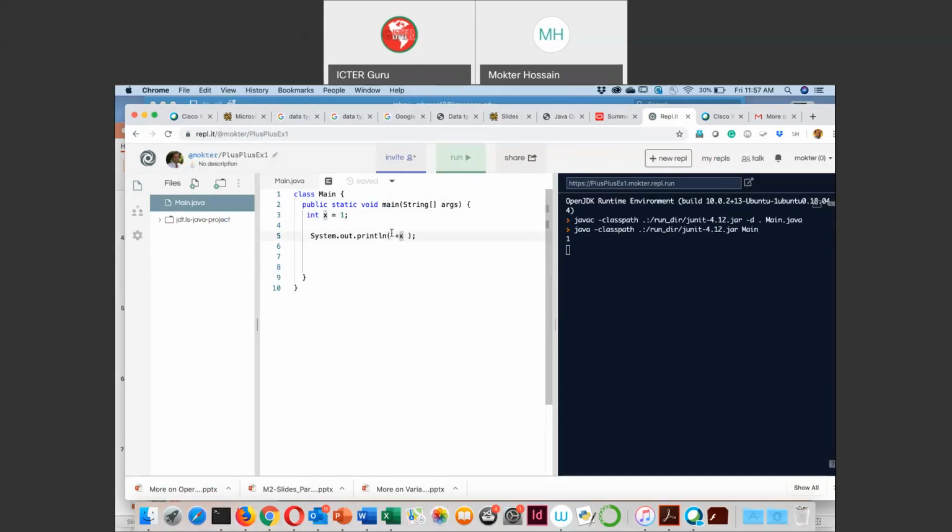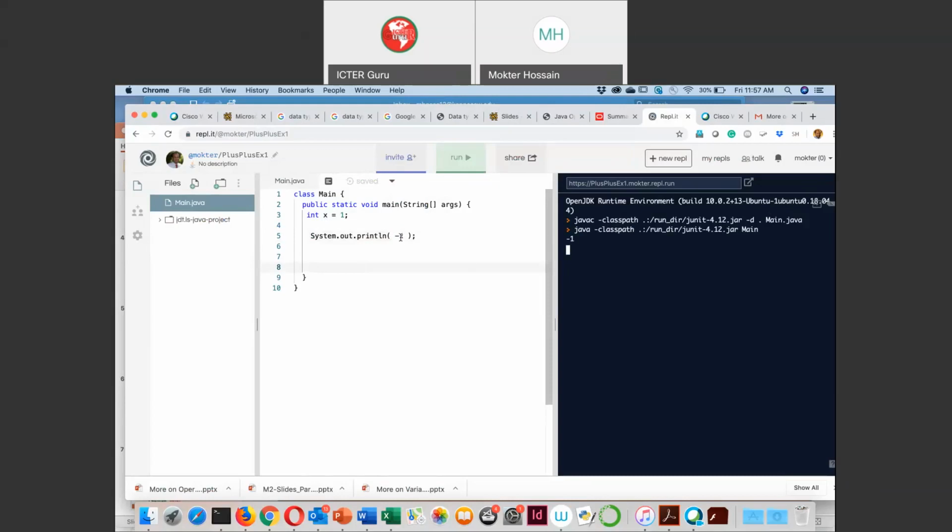Then if I want to print negative x, what will it print? Negative 1, right? Is everybody clear? I'm going in depth step by step.